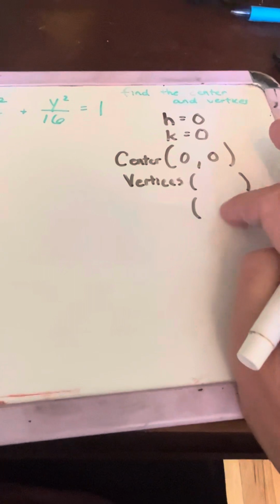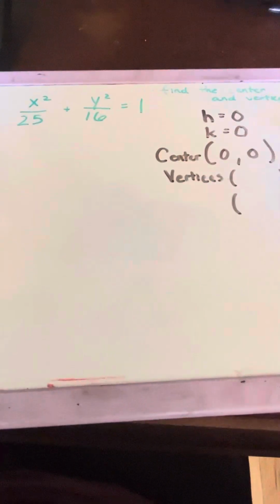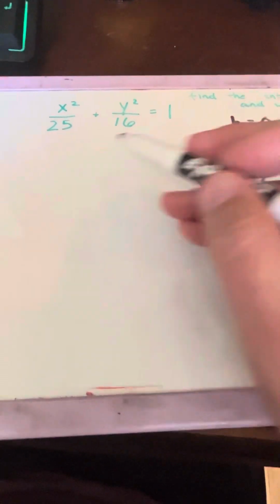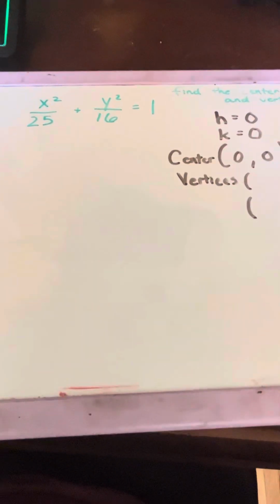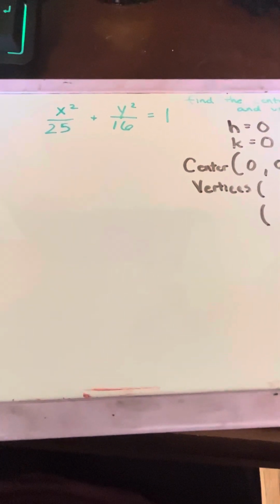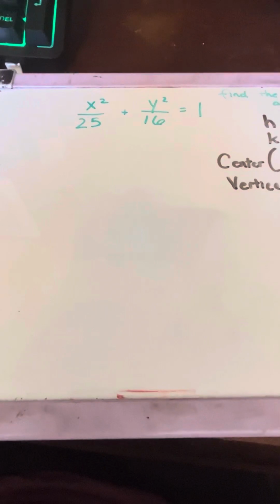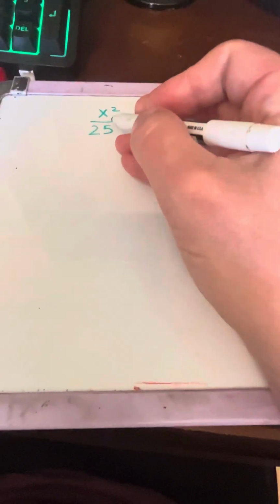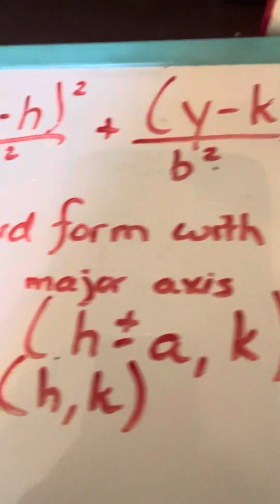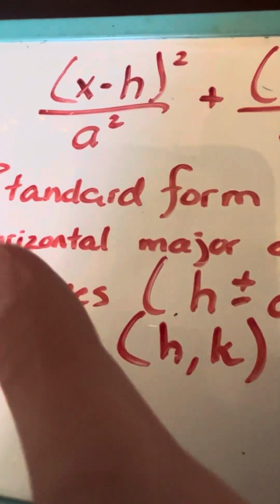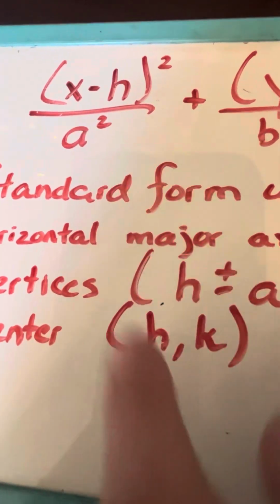So what we want to find is what a and b are. If we look back at this formula, we've got x minus h over a squared.